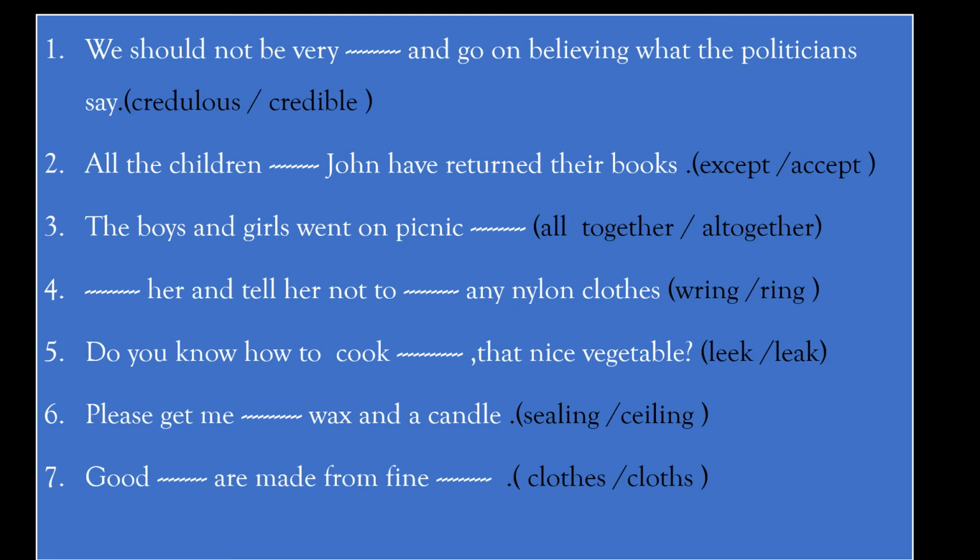So, since we are seeing boys and girls, they were collected in one vehicle, they traveled in one bus, then we say the boys and girls went on a picnic all together, which means they were in a body, they were together. Not that girls and boys moved in different vehicles. No. Altogether means entirely, completely. I am altogether confused.